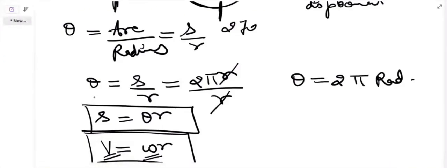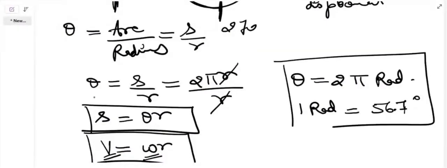After this, 1 radian has the value of 57.3 degrees in your protractor. This is the conversion that you are having.